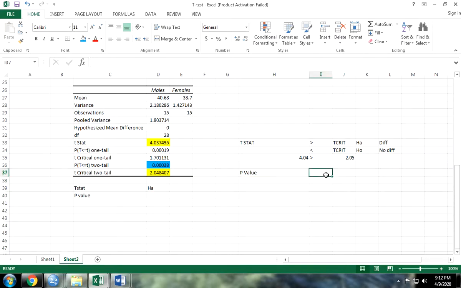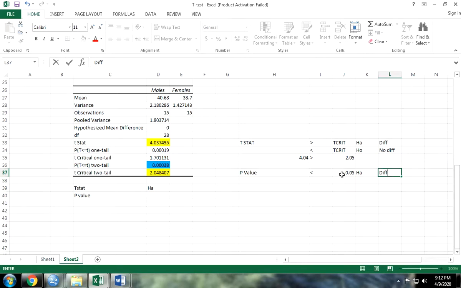Okay. Babalik tayo sa level of confidence or sa level of significance. Tanda natin yung 0.05. Okay. Now, if your p-value is smaller than 0.05, we accept now your alternative hypothesis. So, may difference yan.